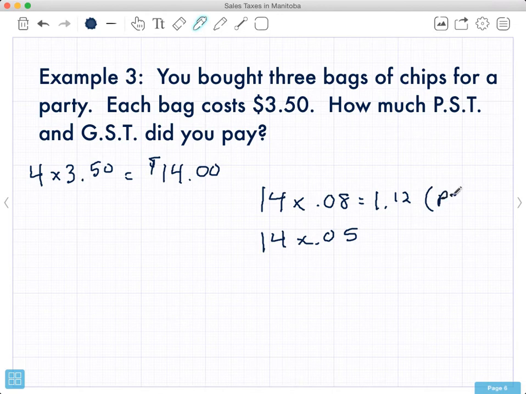That's our PST. And $14 times 5% is 70 cents. And that's GST. There will be cases in class where you do need to know only the tax amount and not have to add it onto the total, in which case you have to calculate them separately as we showed here.